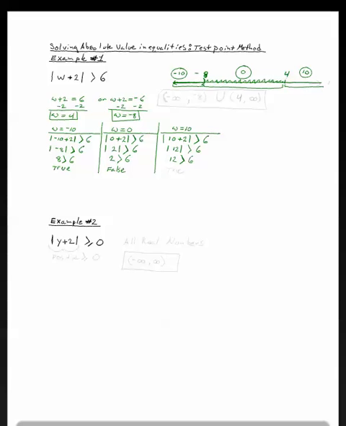And 12 is greater than 6, so that's true. So remember, this is a strict inequality, so 4 is not included. But this whole region to the right of 4 is included.